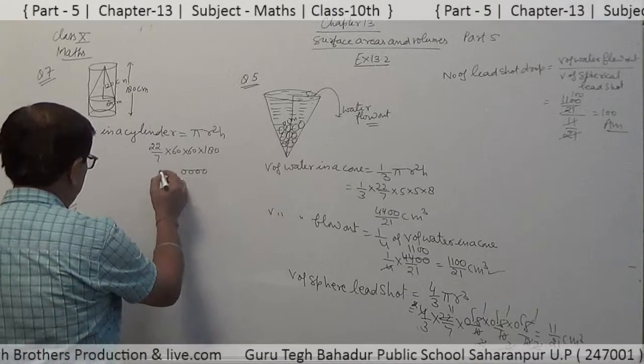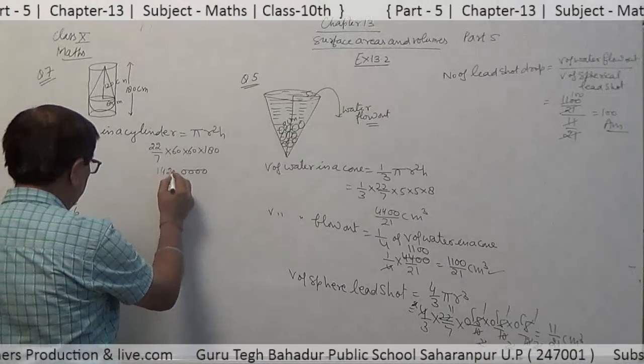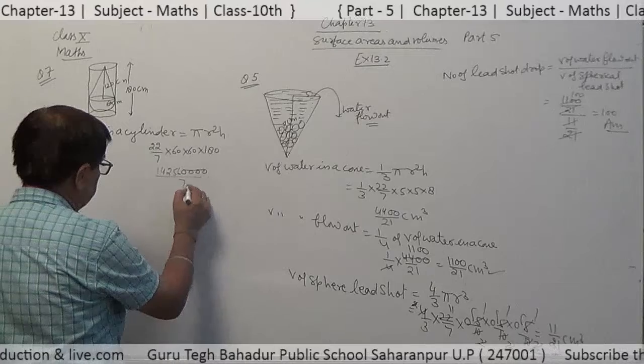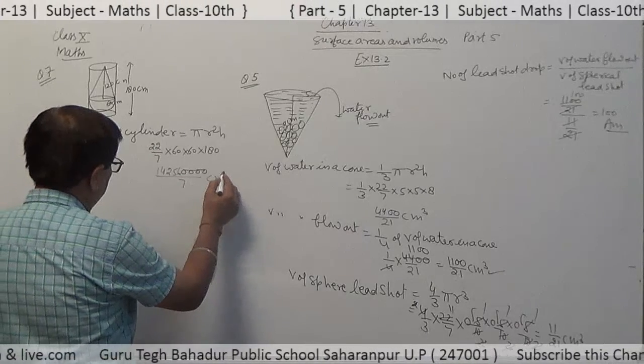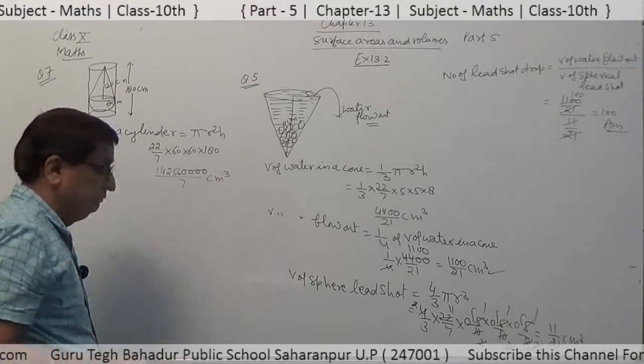So it will be 14256000 upon 7 centimeter cube.